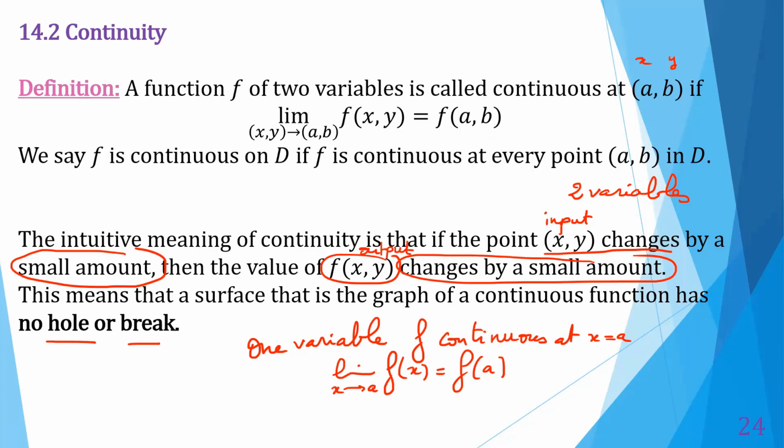So the smoother the function is, the easier it is, as we said, to predict the behavior of this function. This is the definition of the continuity of a function at a point: the limit of this function when the input tends to (a, b) is just the output associated to this pair (a, b).